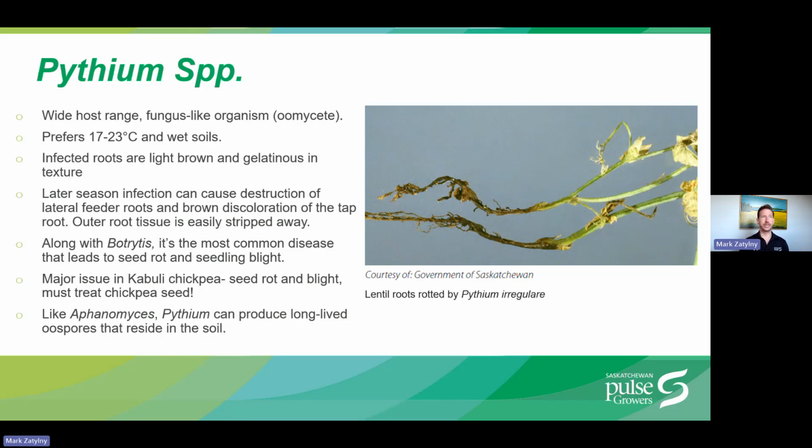This one, in a couple ways, is similar to Aphanomyces, where it has those oospores in the soil that can have longevity in the soil and live through other non-host plants. And it is a major issue in Kabuli chickpeas that we do see out there.